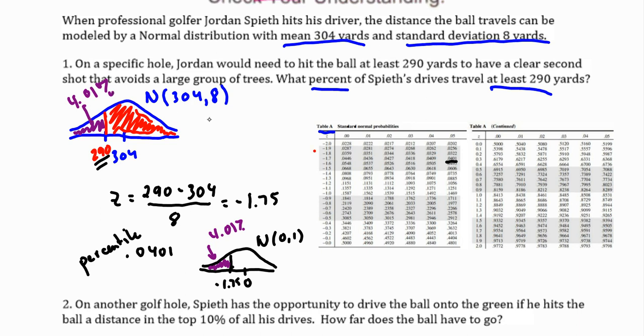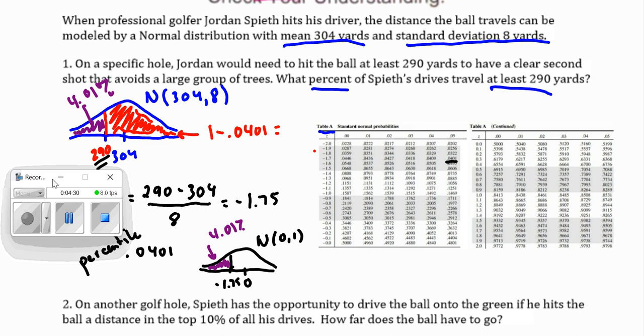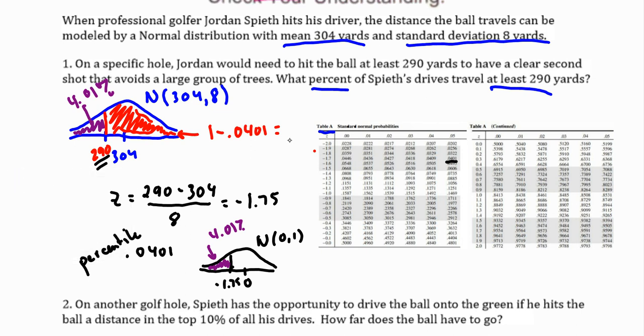To figure out that red portion, we're looking for the percent. We're going to take 1 minus 0.0401, and if you do that, we get 0.9599, which is then 95.99%.